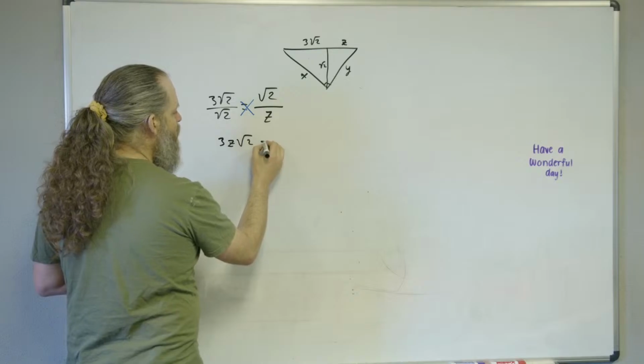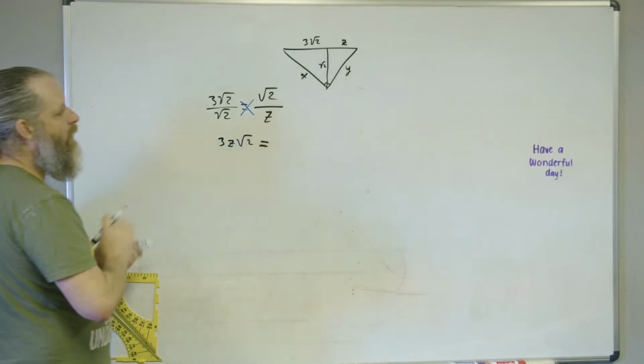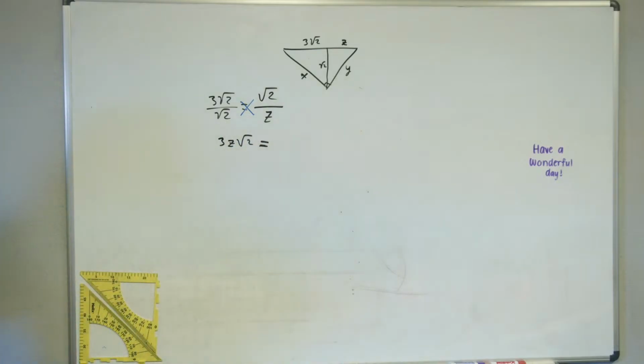Now, this one is easy, but pause for a second. What is the square root of 2 times the square root of 2? I said, what's the square root of 2 times the square root of 2? Yeah, so I'm going to talk about 2 ways. That's true.